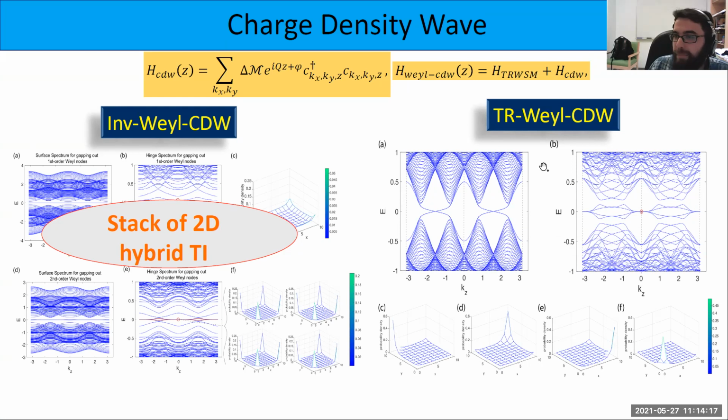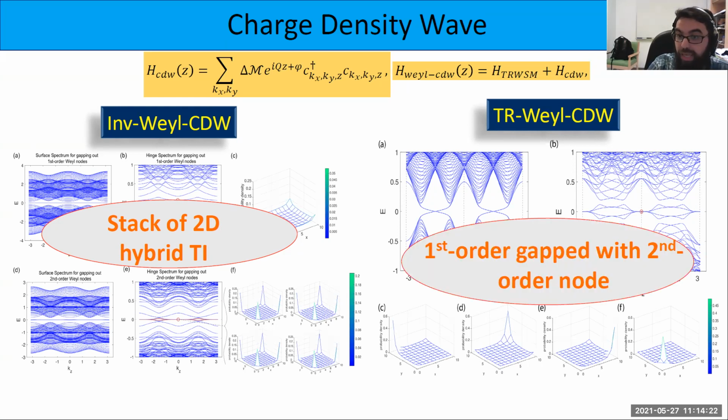And what's going to happen is that once you introduce the CDW order, you're going to gap out the first order Weyl nodes automatically with the second order Weyl nodes in the system, which is one physical realization for the scenario that I explained. So the resulting phase has helical surface states and hinge states at the same time. And you can see that they are indeed localized at the corners and hinges.